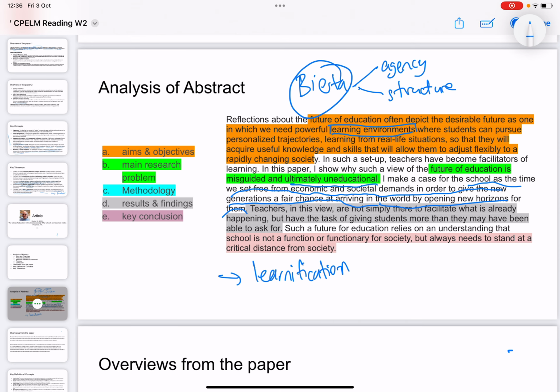So the way Biesta looks at school, he distances school from this whole set of economic and societal demands, and sees the need for schools to operate as a creative place for students to understand what is happening, and teachers then play a big role in giving this kind of knowledge to students.